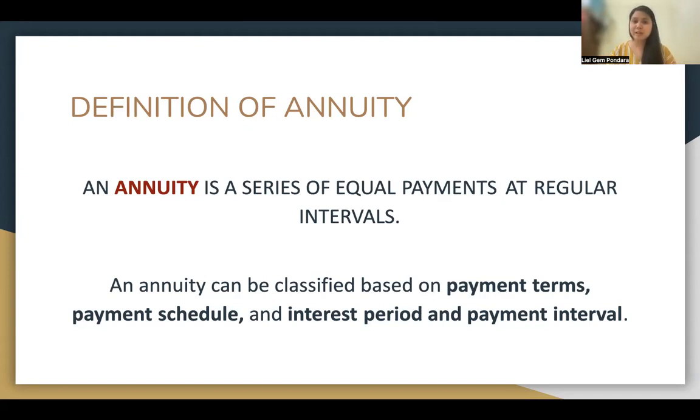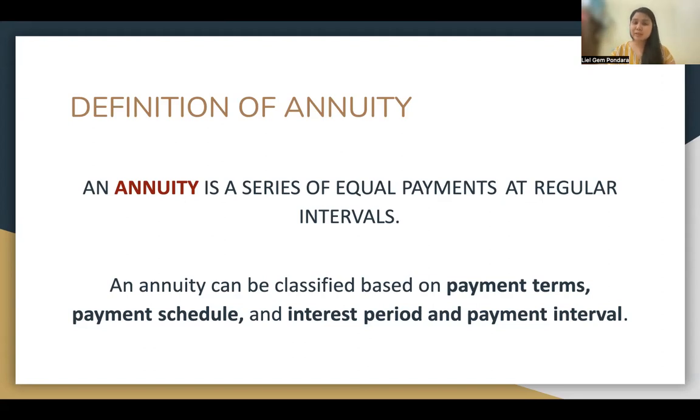But an annuity is related to the concept of installment. For example, you went for a Home Credit loan and then you have equal payments. You pay 500 every month. That's the regular interval with a specific interest rate.